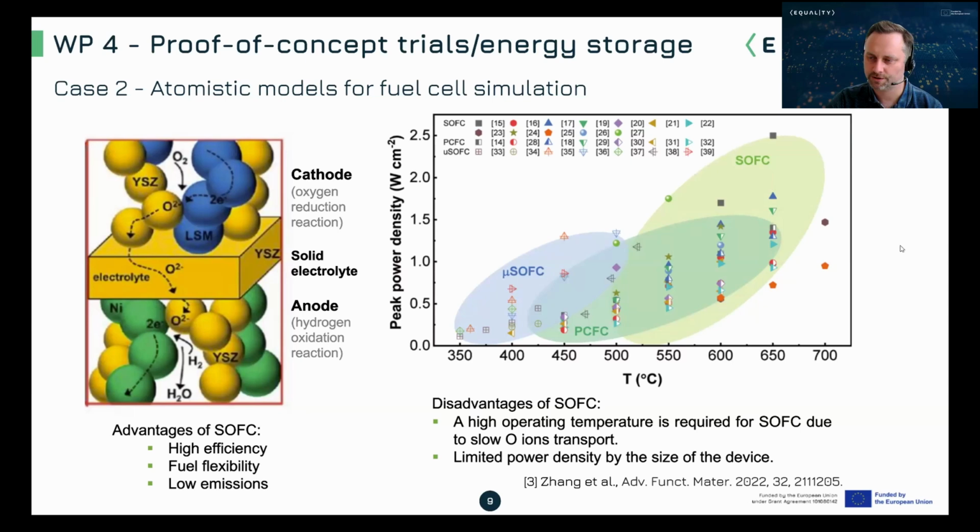This can be shown at the top in this very extensive review paper, where they compare various kinds of solid oxide fuel cells. You see that at low temperatures the peak power density is very low, and only at very high temperatures do you get a reasonable power out of a solid oxide fuel cell. Another disadvantage is that quite a large size is needed for such a device to have a reasonable power density.